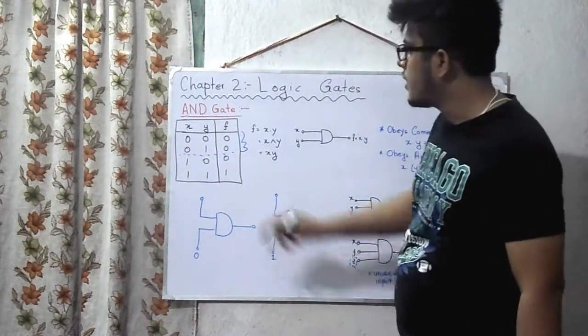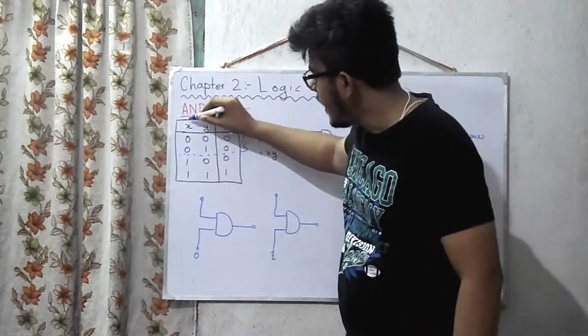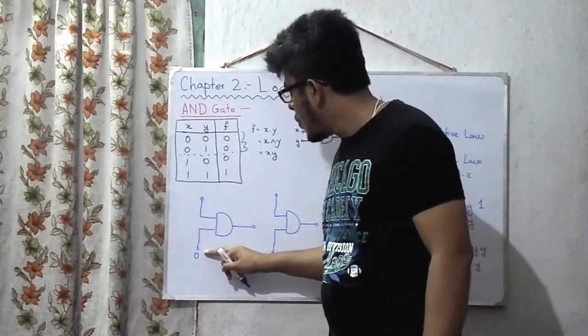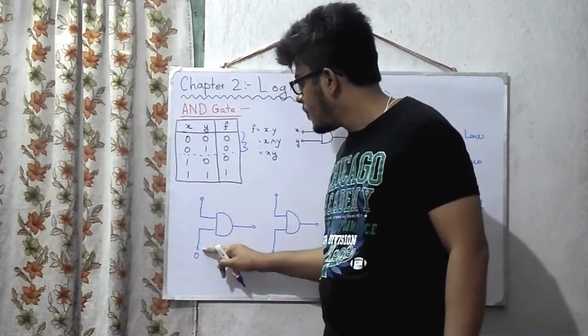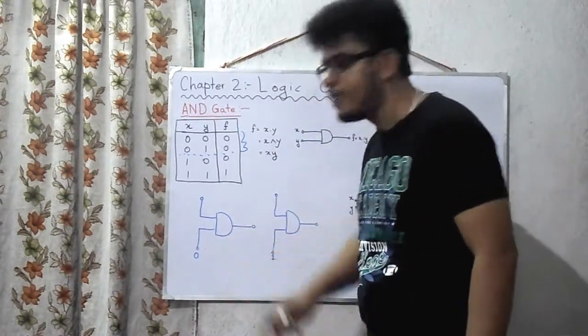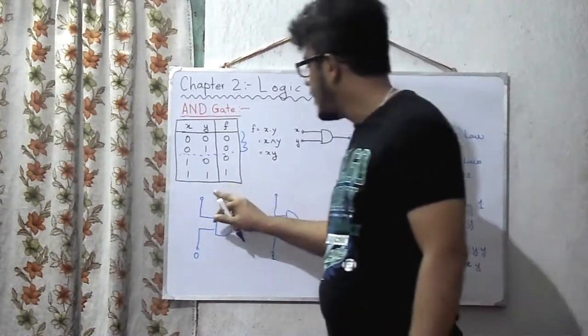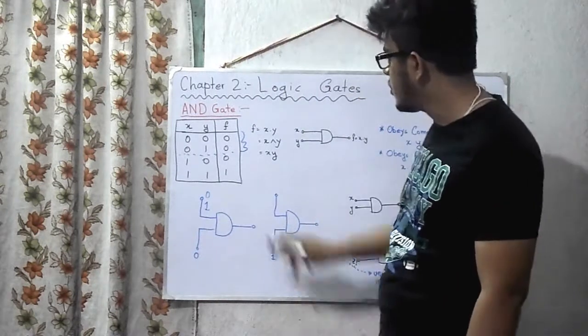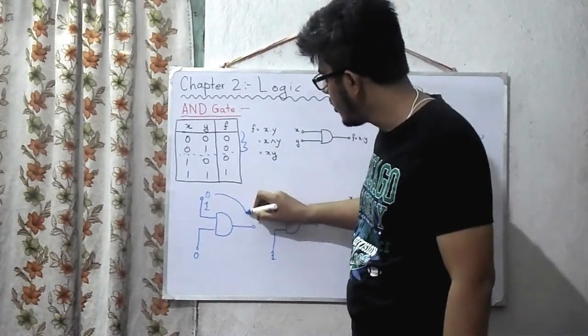So I can say that x is fixed to 0. If I fix one input of this AND gate to 0, and provide 0 or 1 on the other input, the output is still going to be 0.